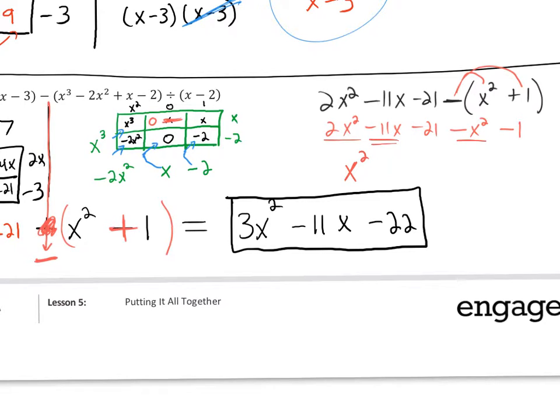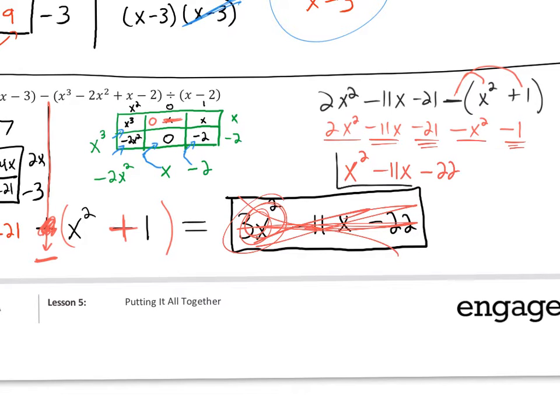I've got my negative 11x, and I've got my negative 21 and my negative 1. That makes negative 22. So it looks like that's not our answer because they did something weird there. That's not our answer, but we've got our final product here.